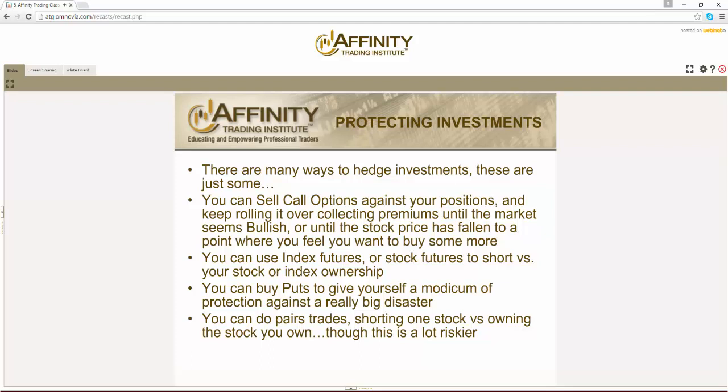It doesn't give you all the protection in the world, but it does protect you against disaster. You can do pairs trades, shorting one stock versus owning the stock you own, though that's a lot riskier. For example, last year we had a pairs trade, own Facebook, short LinkedIn. Today that paid off pretty well since LinkedIn was down some $50 after hours or something.